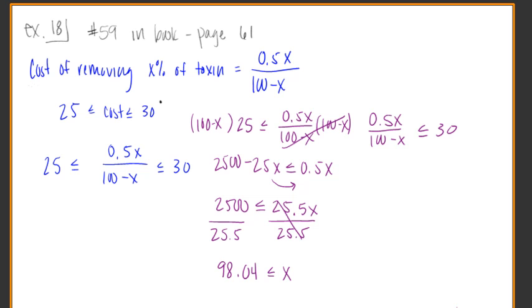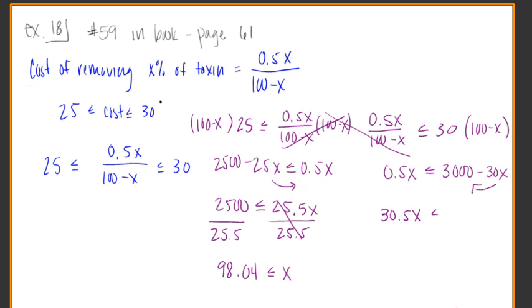Let's go and do the right side real quick. Like I did before, let's multiply both sides by that denominator, 100 minus x. That'll take away the fraction, and we'll get 0.5x is less than or equal to 3,000 minus 30x. Just like before, let's group these x's together.